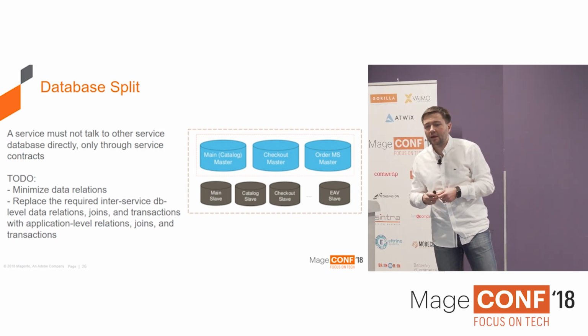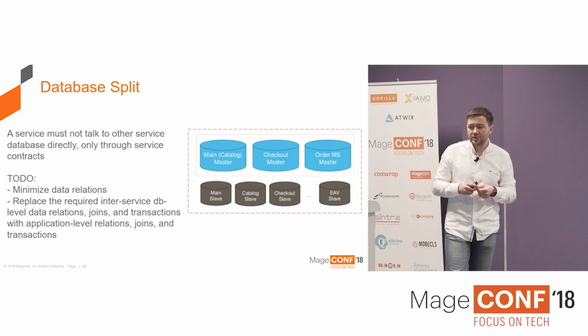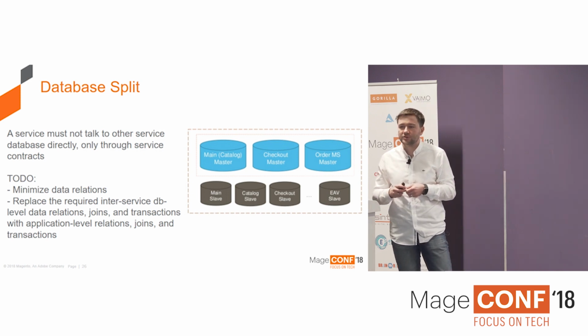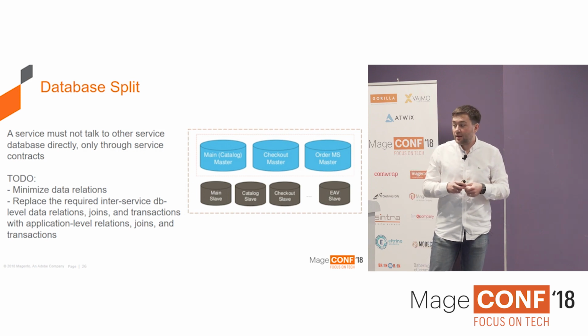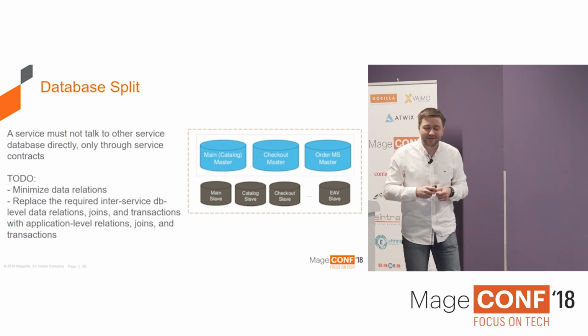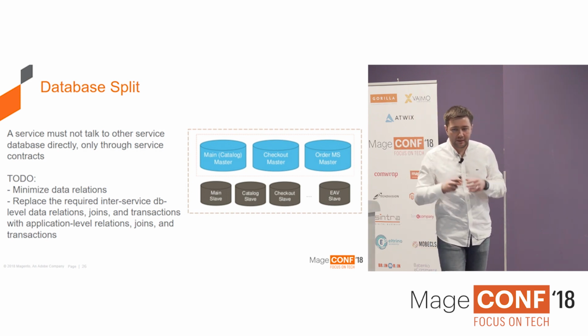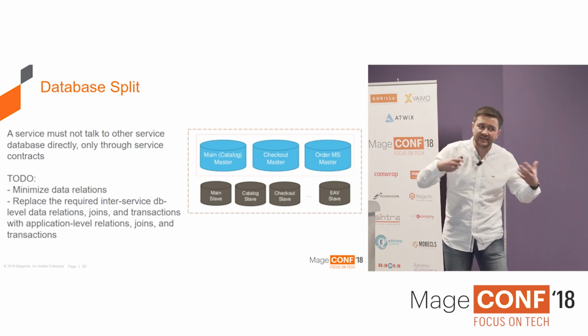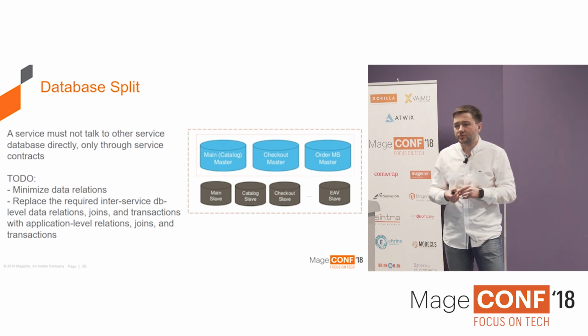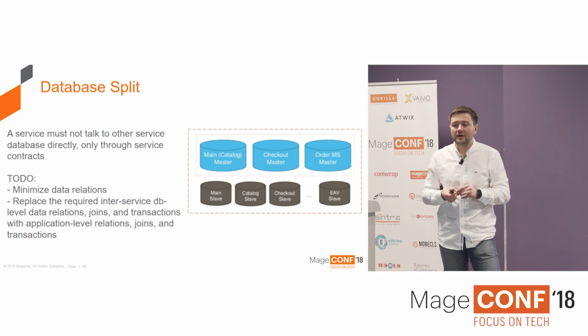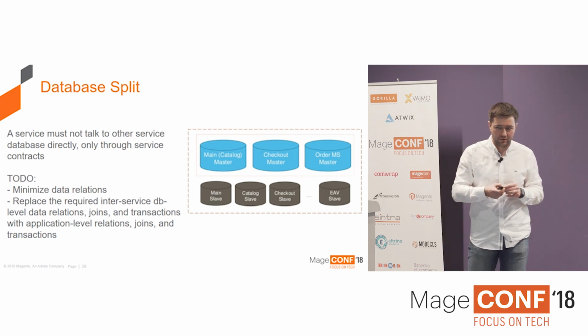And we already have the database split for the checkout and the order management in the Magento Enterprise Edition. But we're supposed to do the same, introducing the same refactoring for the community edition as well.